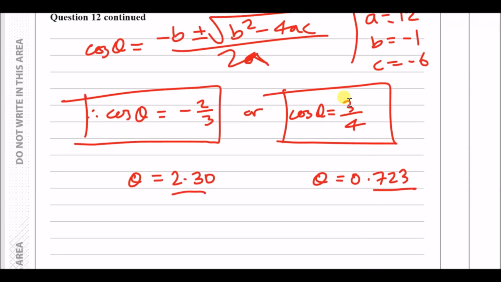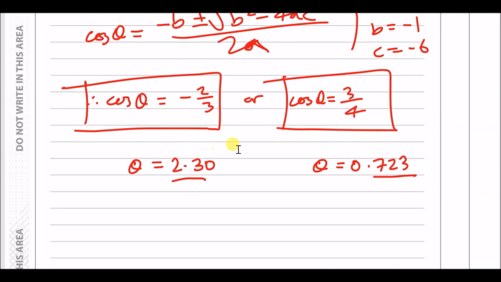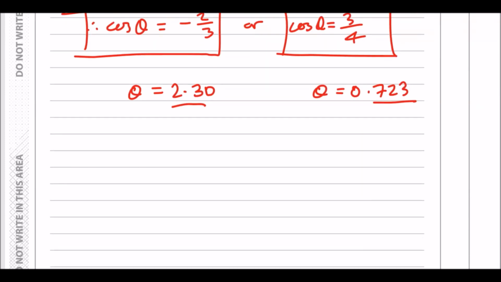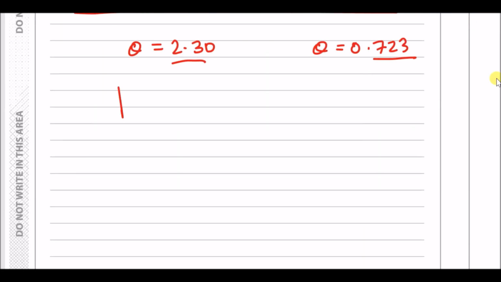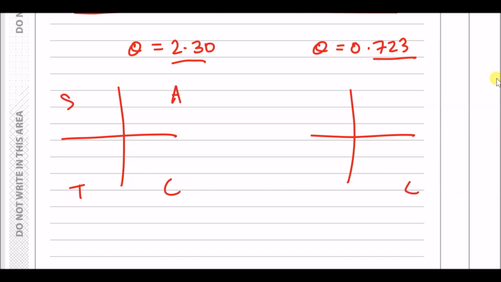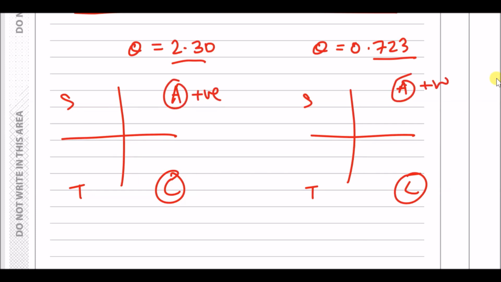Now, we have to ask ourselves, are there any more solutions for both of them? Well, we're going to use a CAST diagram. So let's just do a CAST for this one and a CAST for that one. Because we're working with cos and it's positive results, we're going to use the C, and we're going to use the A, because A only works with positive values, with positive outcomes, yeah?